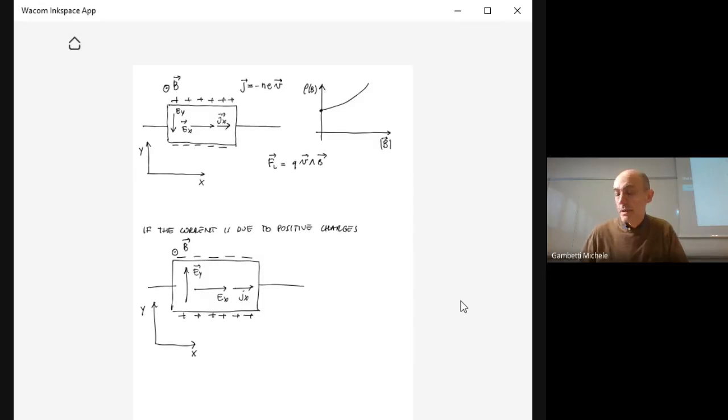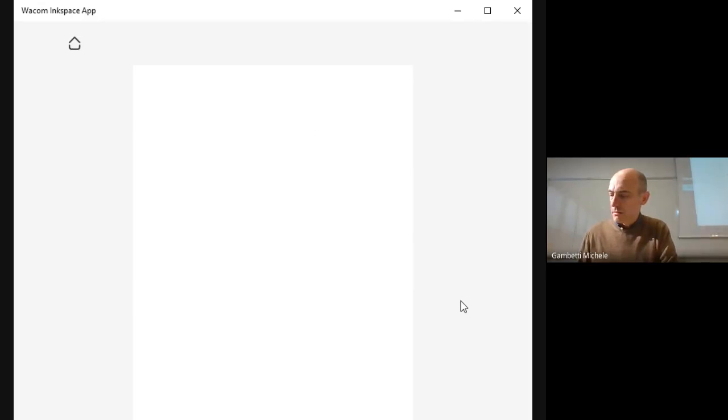Experimentally they found that the voltage was like the first picture. So the experiment told us that the charge carriers are actually electrons. So the experiment validated the picture, confirming that this was also the answer from the hypothesis of the Drude model.